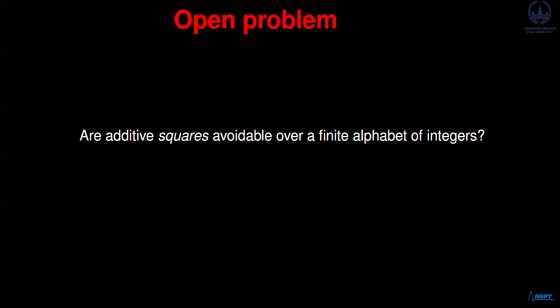But the question of whether additive squares, that is, two consecutive words with the same sum, can be avoided over a finite alphabet remains unanswered. This is an intriguing question that still invites further exploration and research.